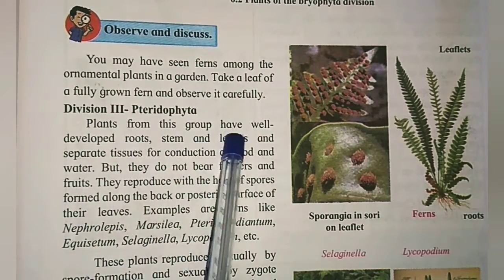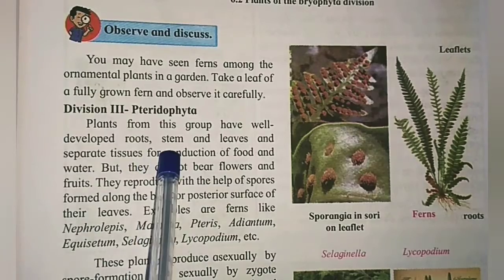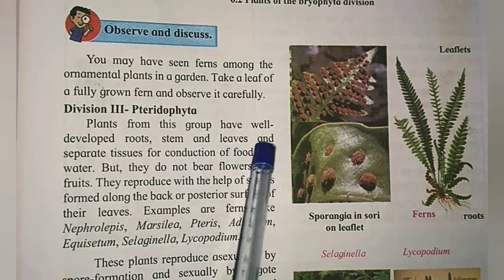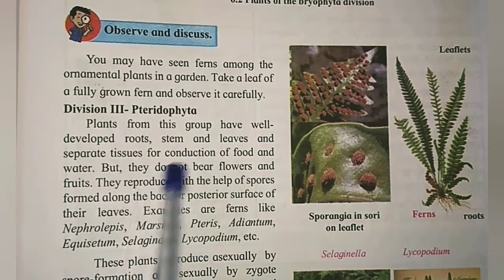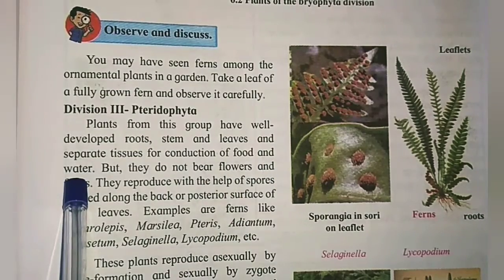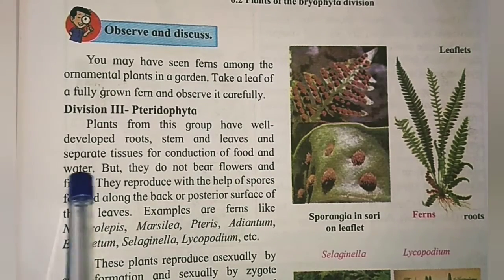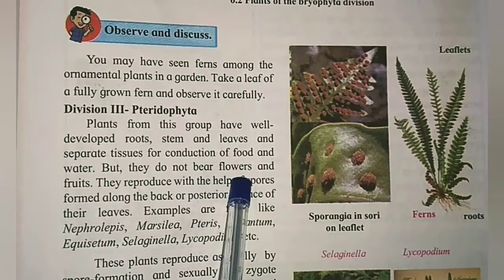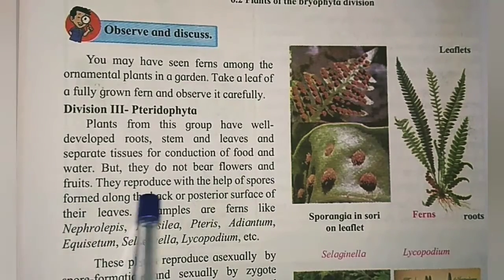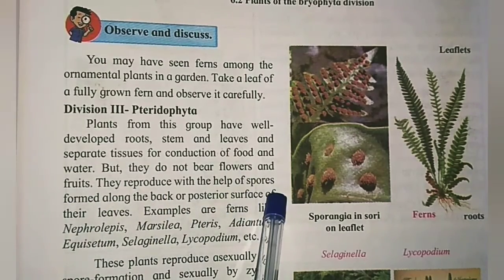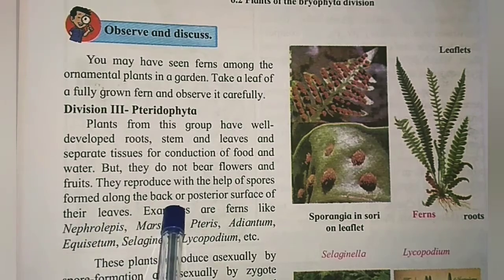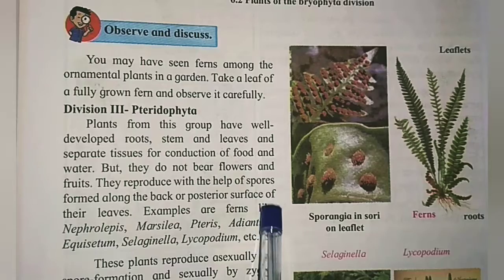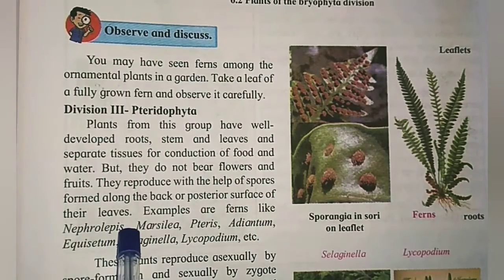Plants from this group have well developed roots, stem and leaves and separate tissue for conduction of food and water. But they do not bear flowers and fruits. They reproduce with the help of spores formed along the back or posterior surface of their leaves.